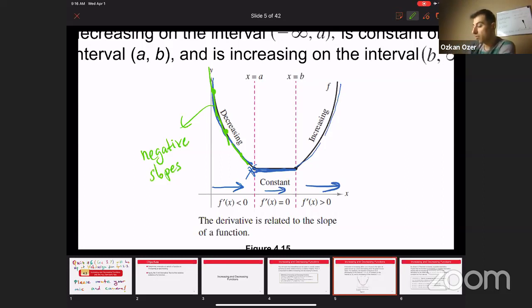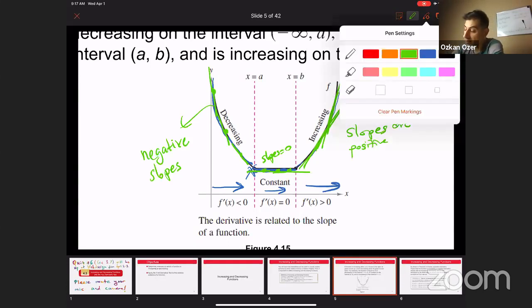And here, any point you pick in this interval, you have the tangent lines all horizontal. So in fact, here slopes are 0 at any point. Whereas here, if you look at the tangent lines at any point, slopes are always positive because these are increasing lines, and in this case lines are decreasing here.